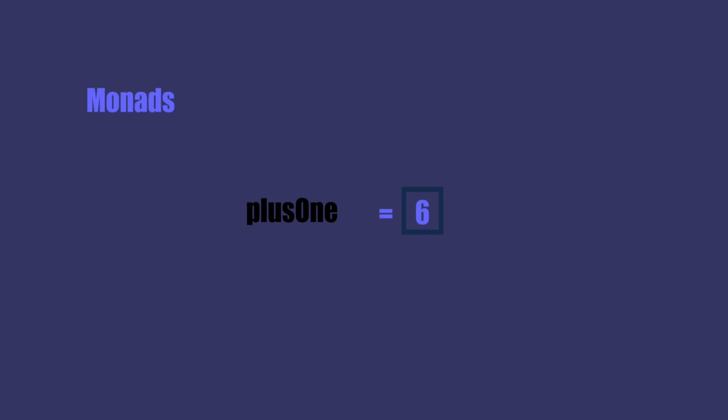Now, what's cool about this is that this enables us to chain said +1 function. Because if you remember, +1 takes in a raw int. So what we do is that the output of our monad becomes the input of the next monad.